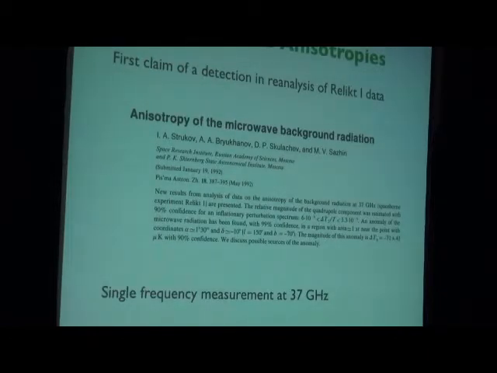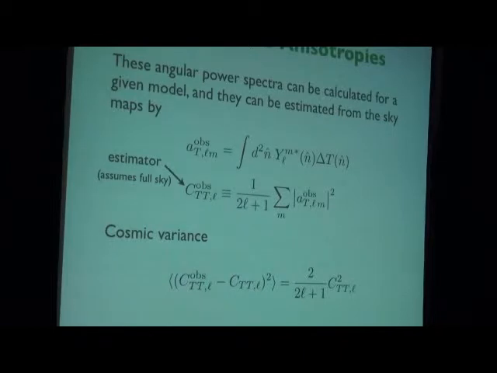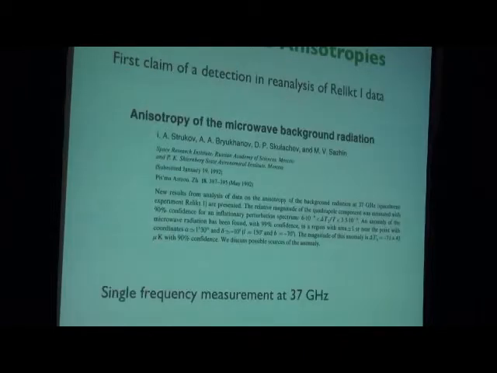Okay, so now again, let's look at some of the early measurements of these things. There was a Russian satellite, Relict 1, that took data between 83 and 84. Initially this was stated as an upper limit.